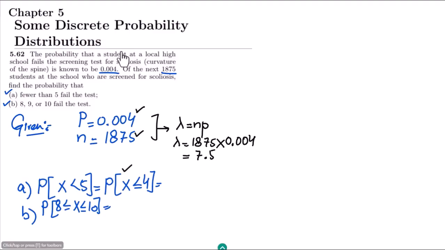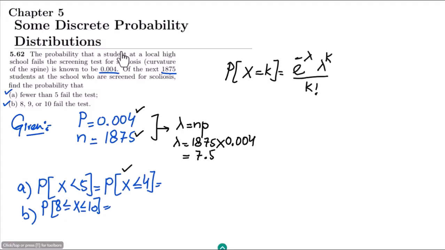These are the values we want to find out. We can find this by using the manual method. The formula for the Poisson distribution is the probability that x is equal to k, which is the exponential of minus lambda, lambda to the power k, divided by k factorial. We have to use it for 0, 1, 2, 3, 4 and then add them together.